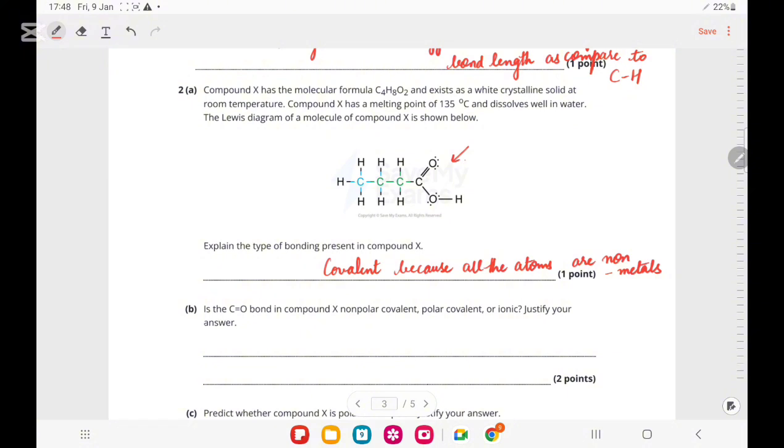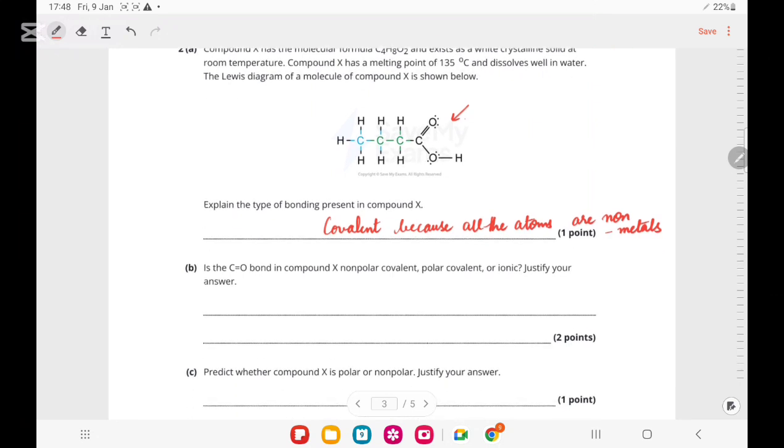Then in the next question, they are asking, is the carbon-oxygen bond in compound X non-polar covalent or polar covalent? The carbon-oxygen bond in compound X is polar.